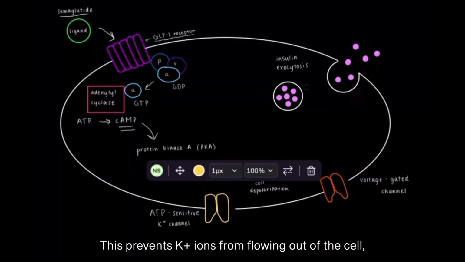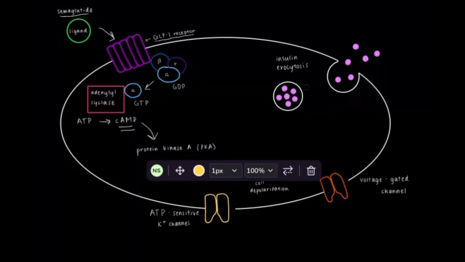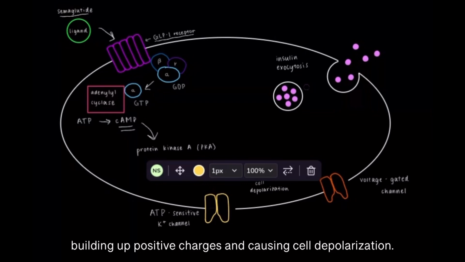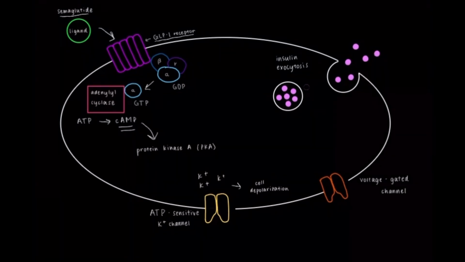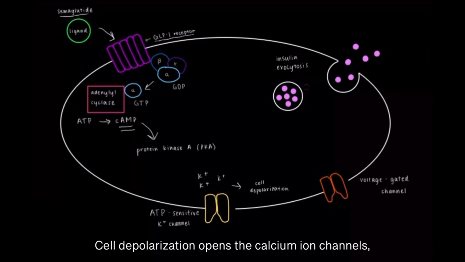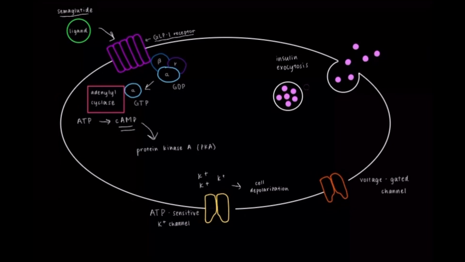This prevents potassium ions from flowing out of the cell, building up positive charges and causing cell depolarization. Cell depolarization opens the calcium ion channel, increasing their concentration in the cell.